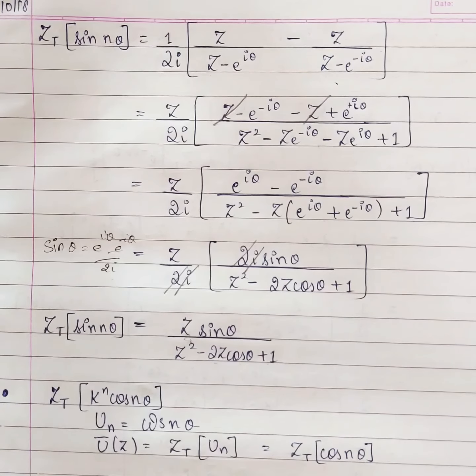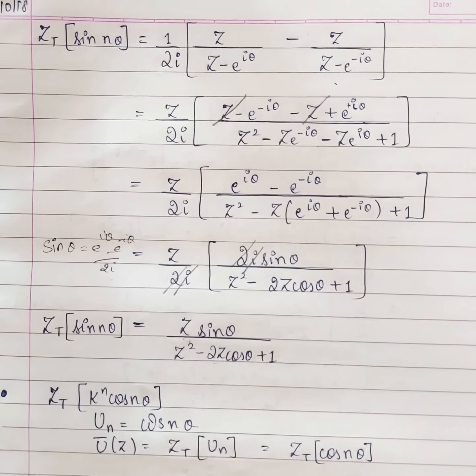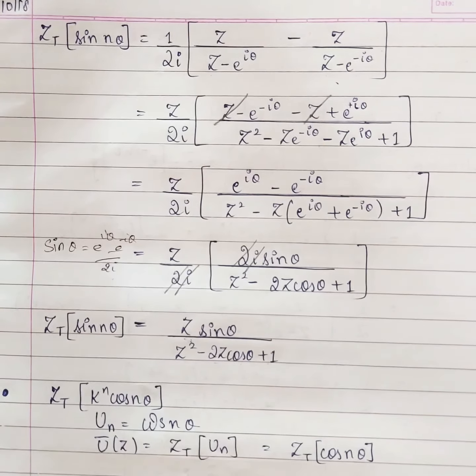So we got z transform of cos n theta, we got z transform of sin n theta also. Now what we have to find? Z transform of k power n cos n theta. So wherever z transform of cos n theta is there, replace z by z by k, then we will get this answer. What is that rule? Damping. So in case in the exam if they ask this directly, you are going to use this formula whatever we have derived.